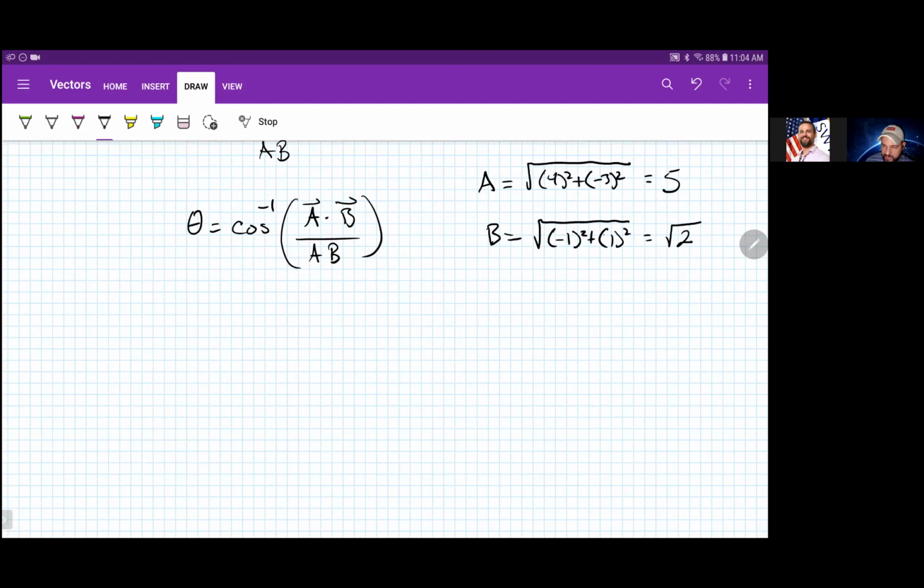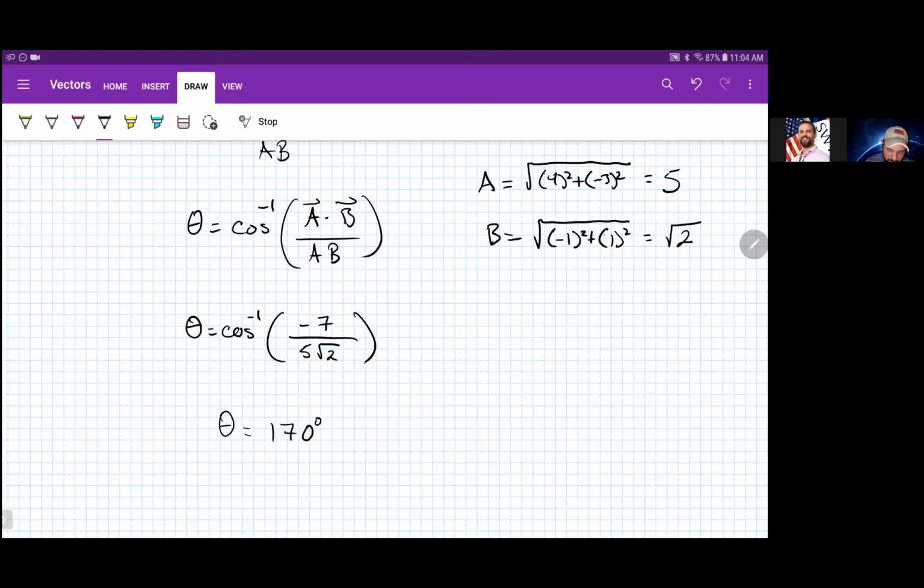And we already found A dot B. That's -7 again. So theta is going to equal the inverse cosine of A dot B, which was -7, over A times B, so 5 times the square root of 2. You can write it just like that. Plugging that into your calculator should give you 172 degrees.